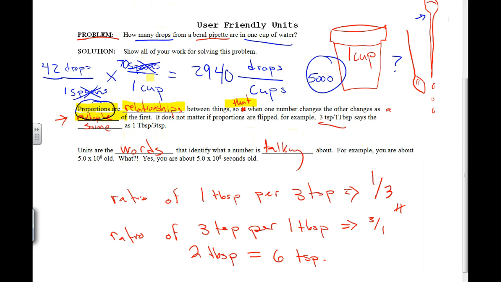All right, now the proportions that were given to us, or that we found, I should say, were right here. 42 drops per spoon and 70 spoons per cup. If we set those up in the correct order, we can always solve for what we want.